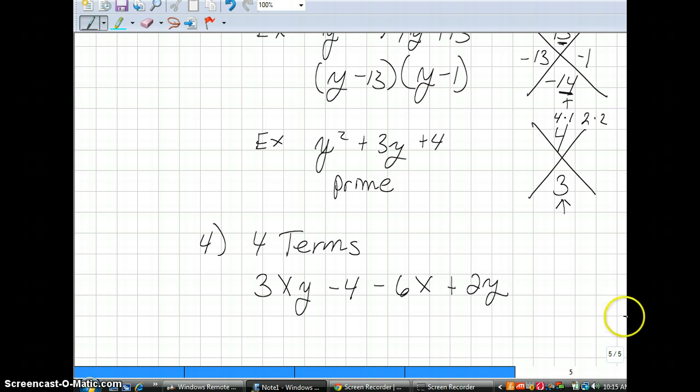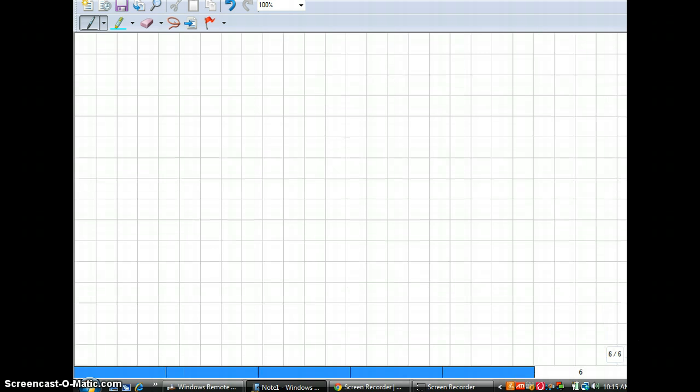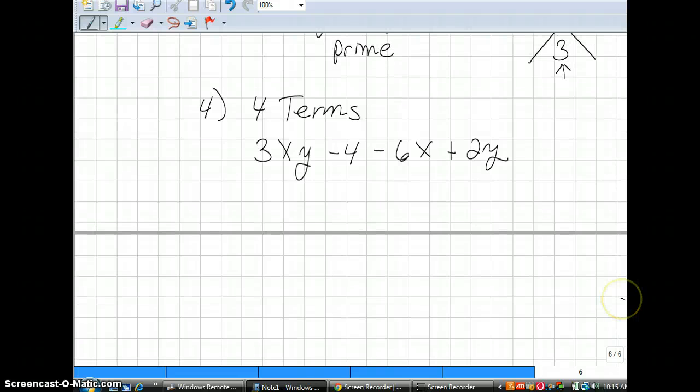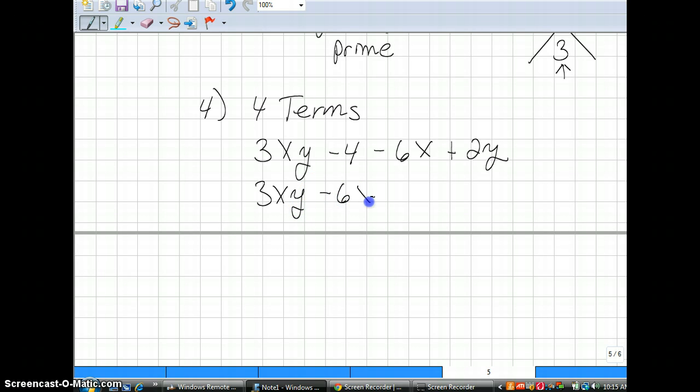Now, what we want to do is group 2 terms together so that they have a common factor. In this case, I might rewrite this as 3xy minus 6x, because I noticed that this term and this term both have a factor of 3 and a factor of x.